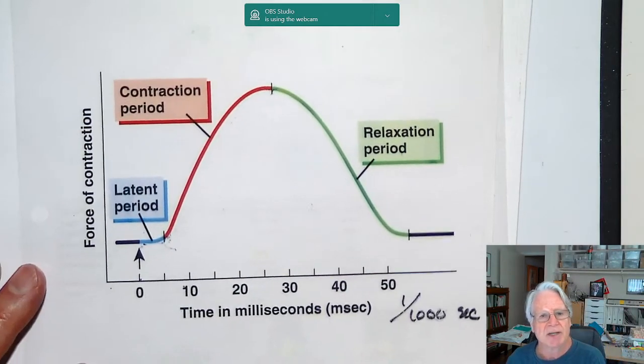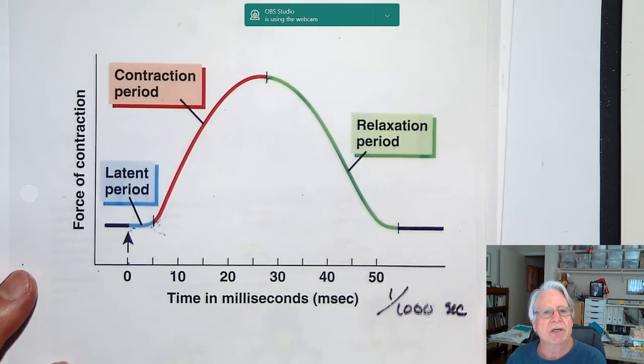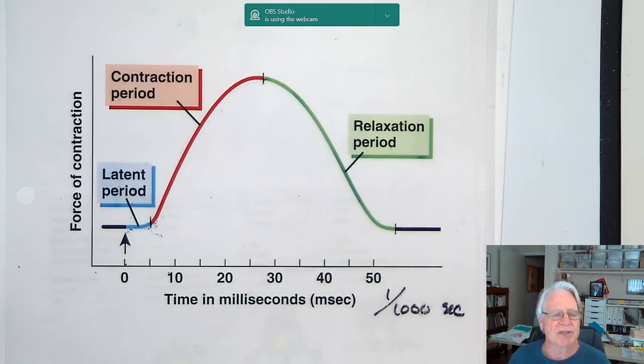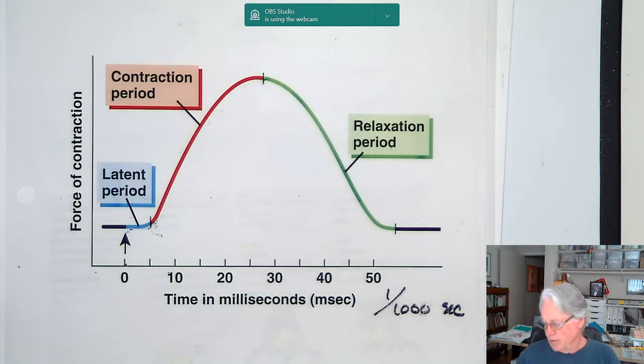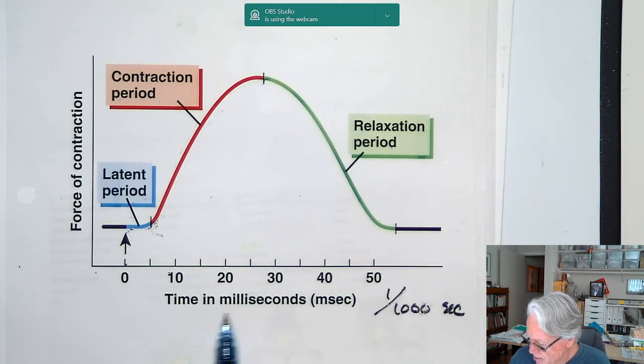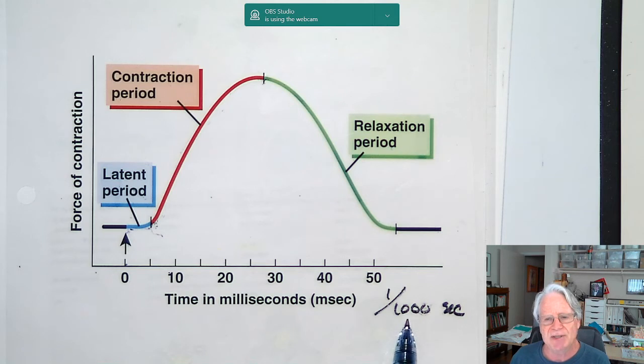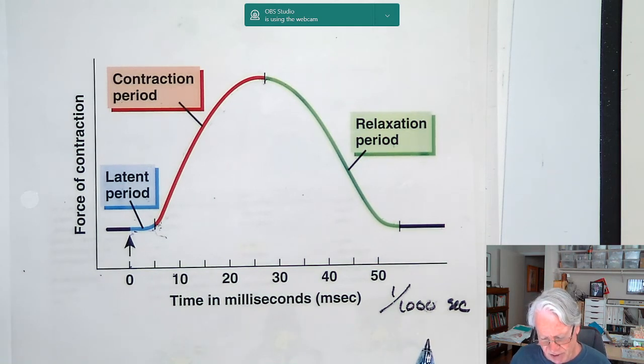This graph gives you the response of a twitch, a single frequency stimulation. Along the bottom is time in milliseconds, and a millisecond is 1/1000th of a second.